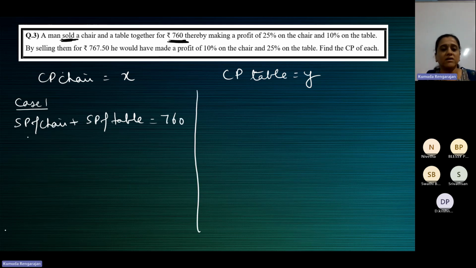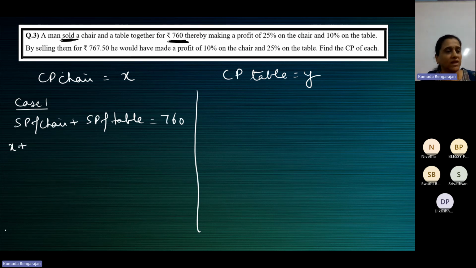So what's the SP of the chair? What's the profit on the chair? 25%. So how do you find the selling price? Selling price is cost price plus profit. What's the CP? X. And how do you find the profit?